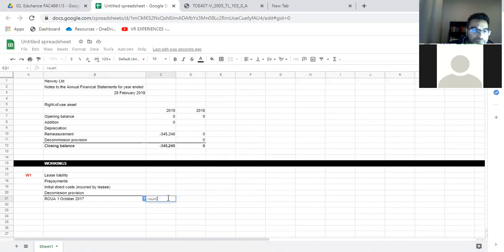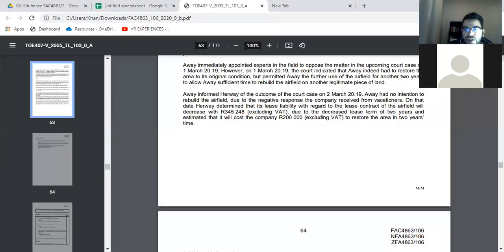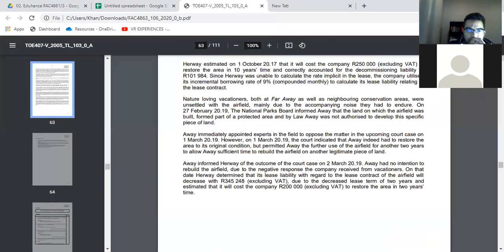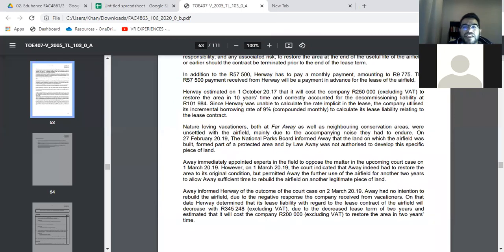So they gave us the decommission. What was this decommission? It was 101,984. That is the present value. Remember the 250. On 1 October 2017, the 250 is in 10 years time.